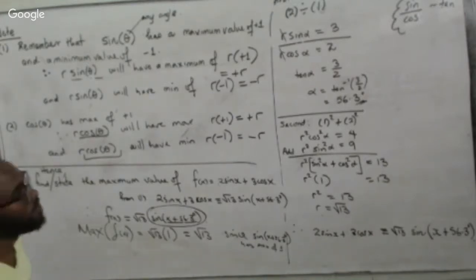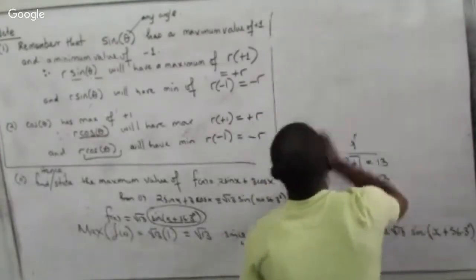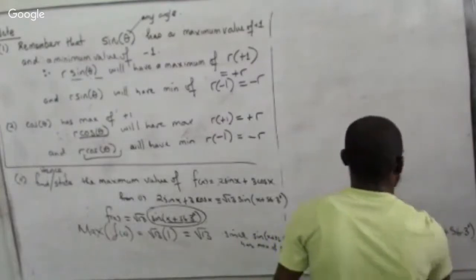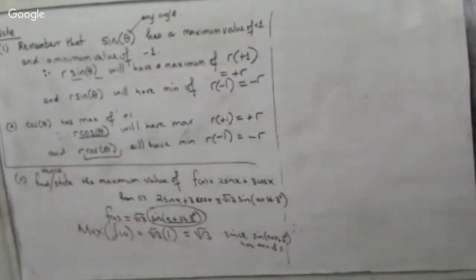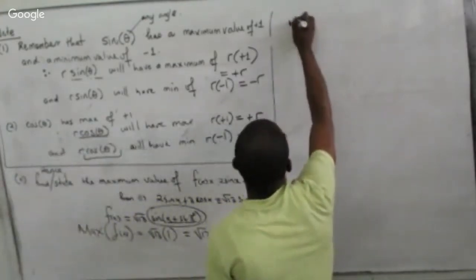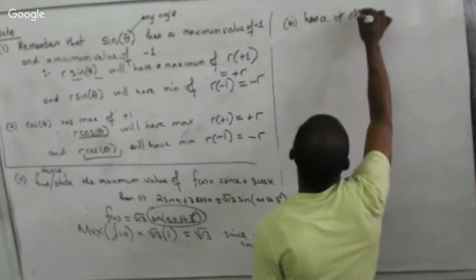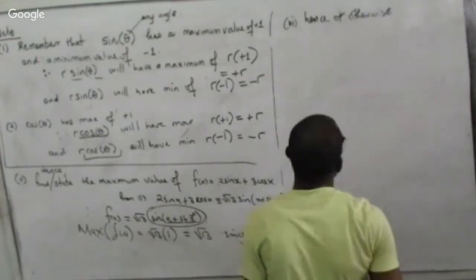Part 3 says "hence or otherwise." In this case, there is a valid otherwise.